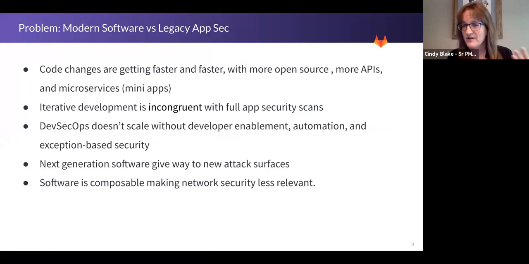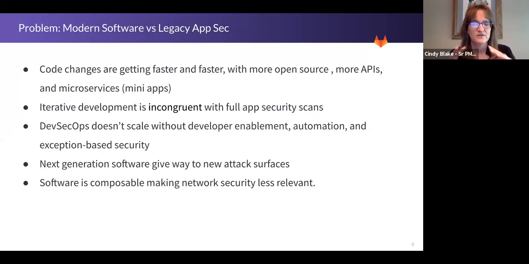So DevOps is very iterative. And if you're doing cloud native or serverless, you're probably doing DevOps. And scanning all of your applications at the end of the process just doesn't fit very well in that iterative life cycle of DevOps. You've got APIs and microservices.